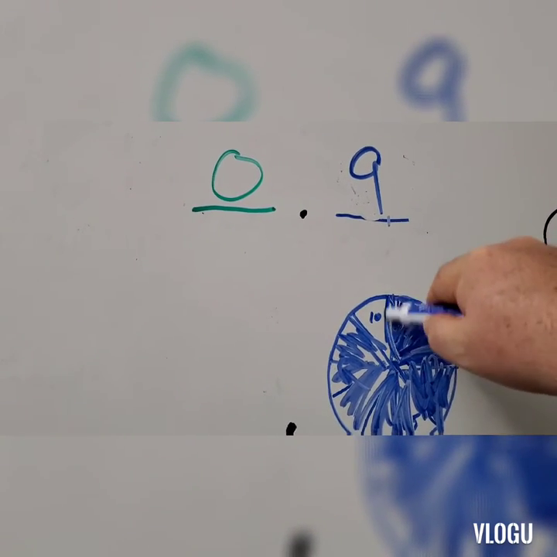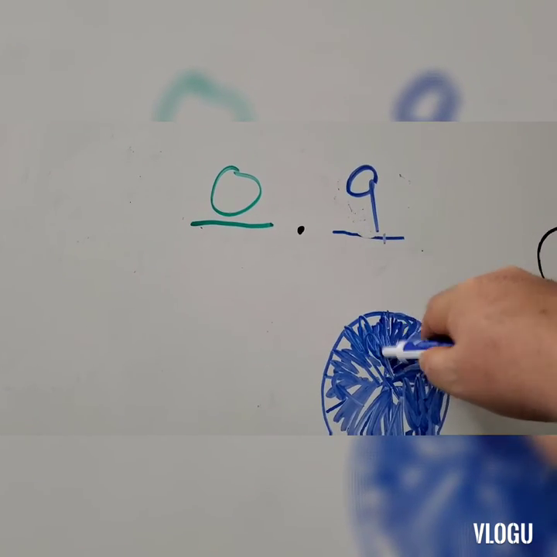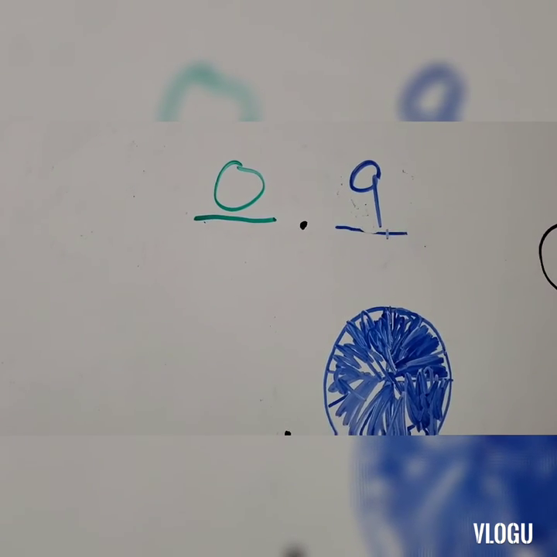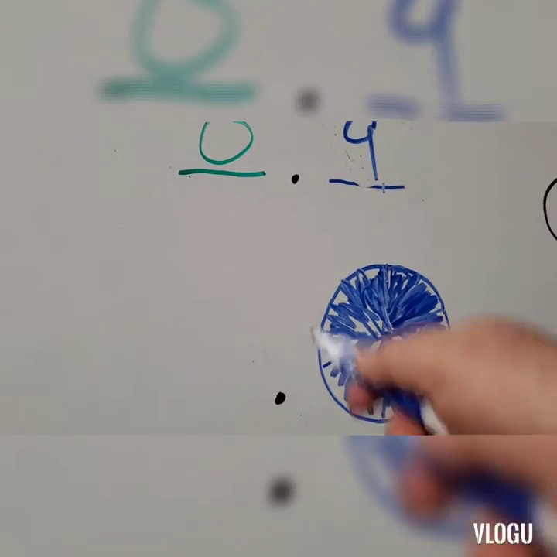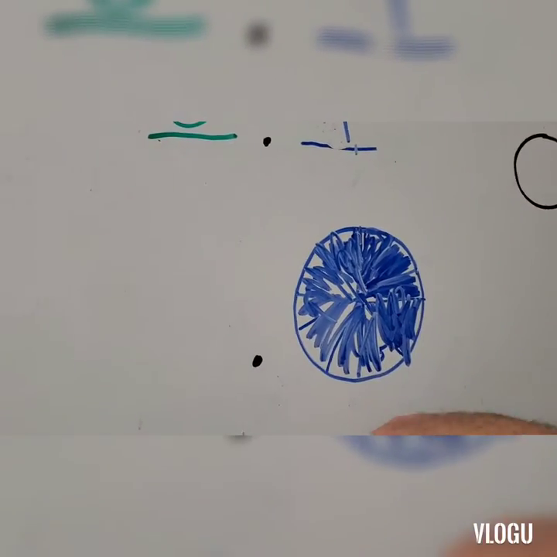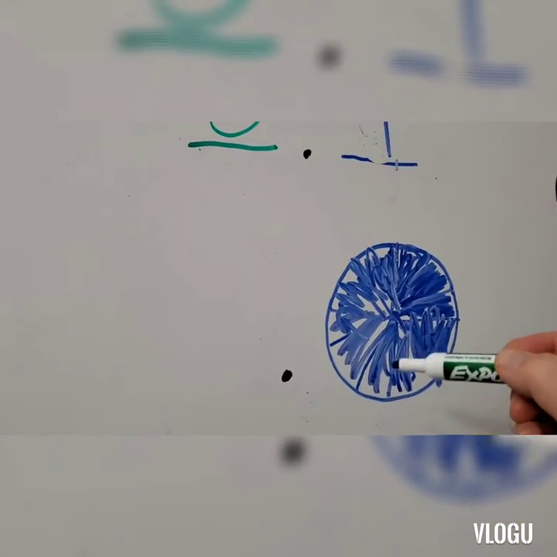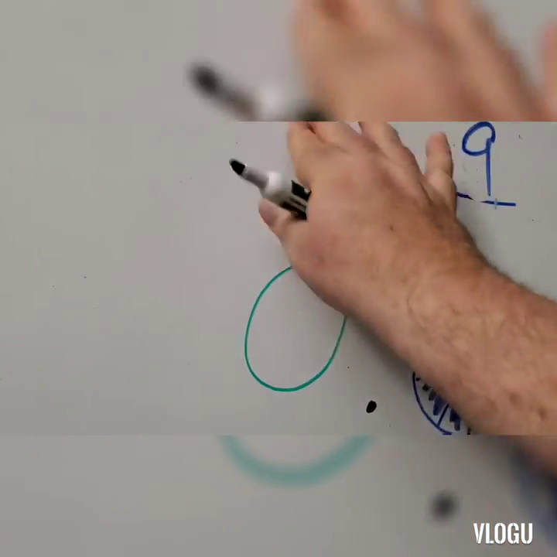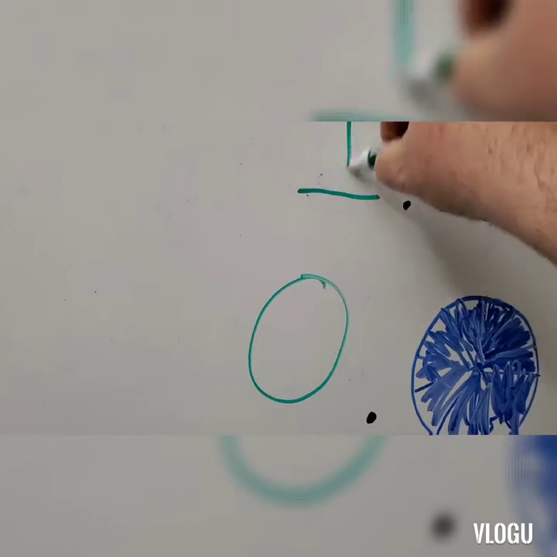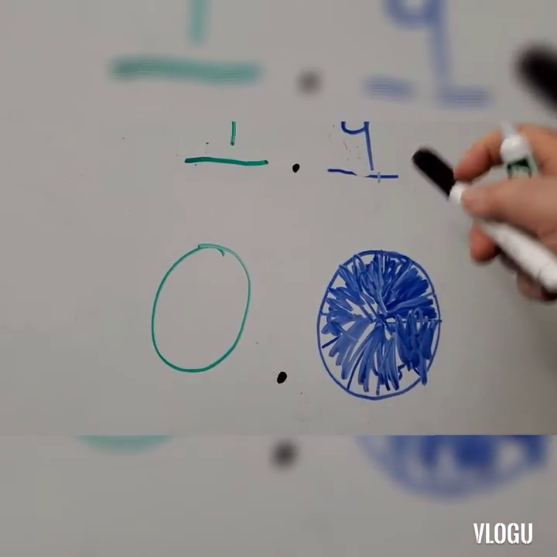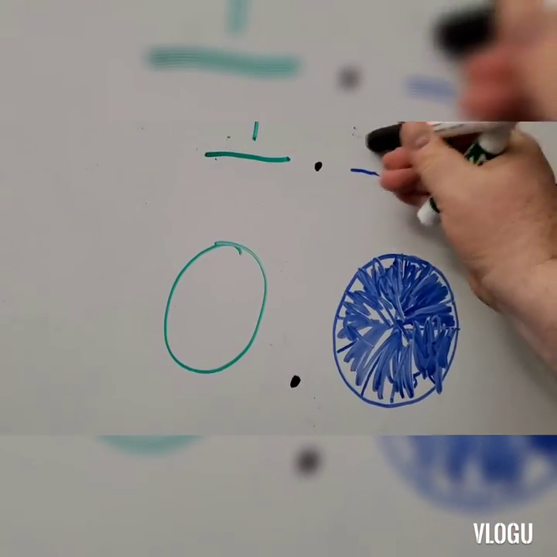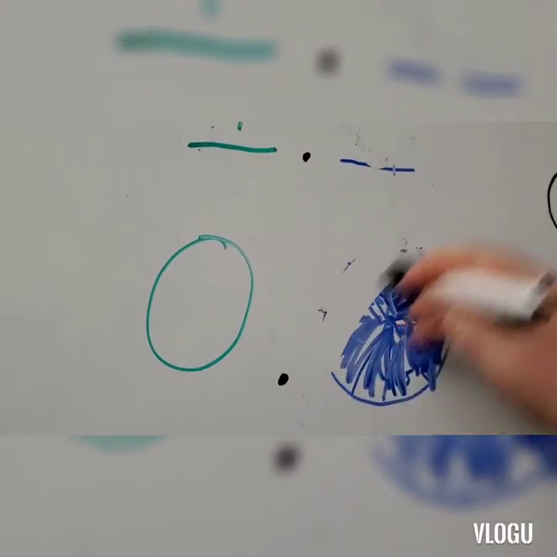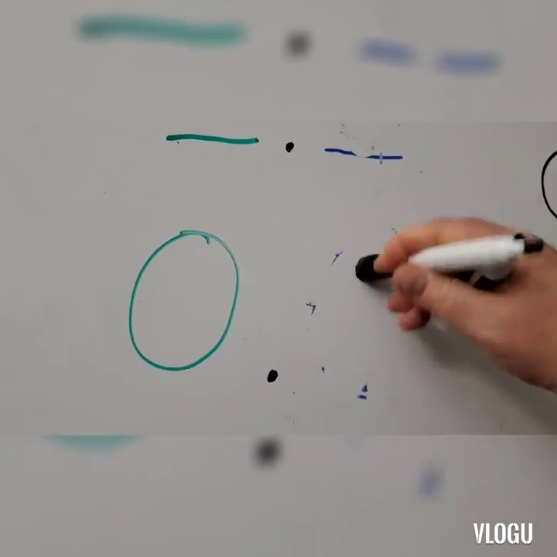But once I add 1 more tenth to that, now this is a complete circle. It is a whole, so I have my whole. It is one complete whole, and this all goes away.